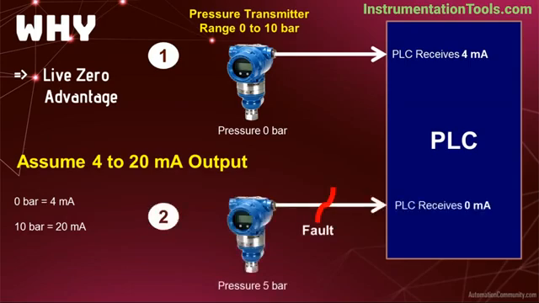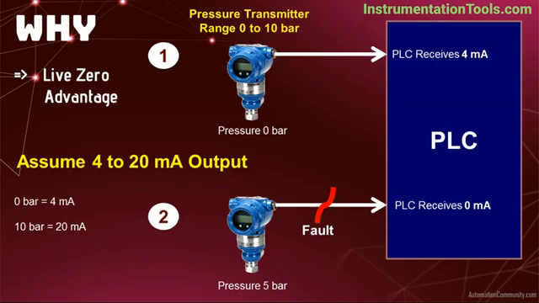Case 2. Let's consider the wire is broken between PLC and transmitter. Consider the process pressure is 5 bar. Because of the broken wire, the PLC receives 0 mA, and identifies it as a faulty signal. How does the PLC identify the fault here?